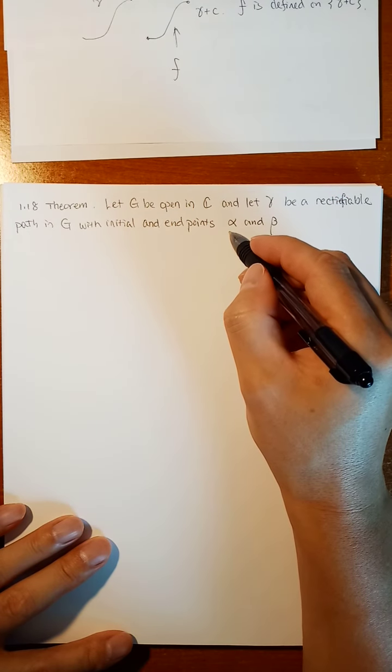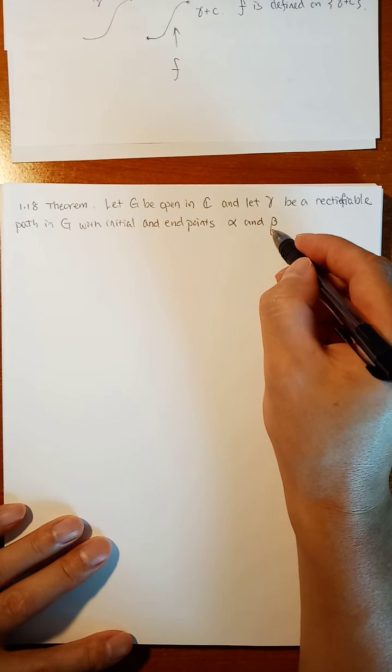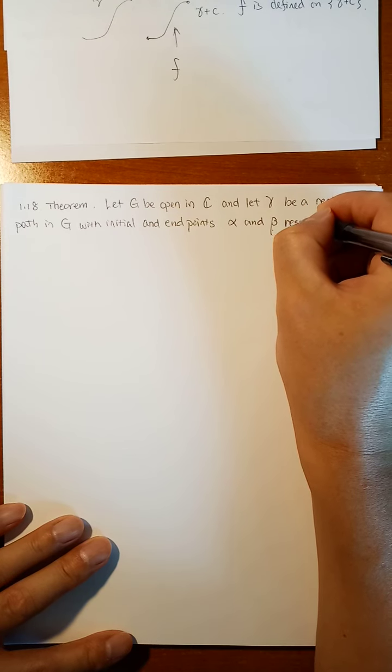This is like gamma of a, this is gamma of b, alpha and beta respectively.